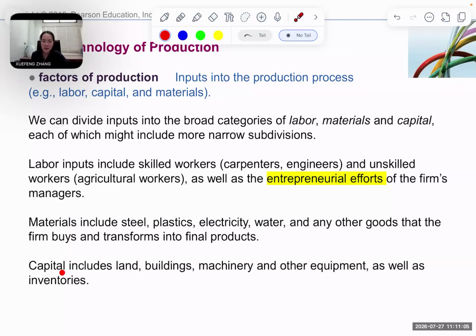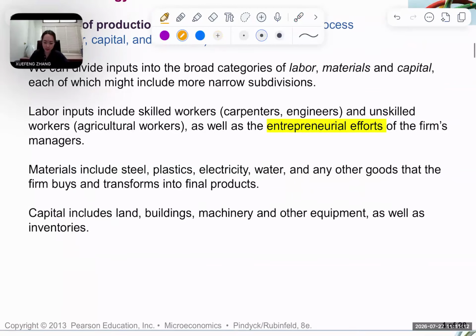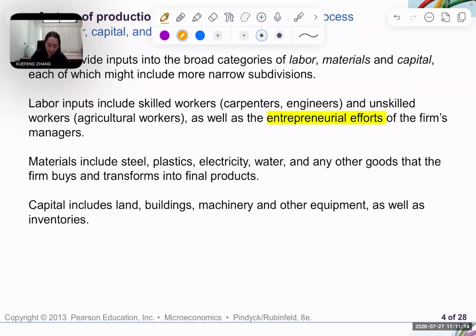Next one, capital, which is the long-term stuff, okay? Land, buildings, machines. Okay, let me write it down. Basically, capital refers to the long-term stuff.